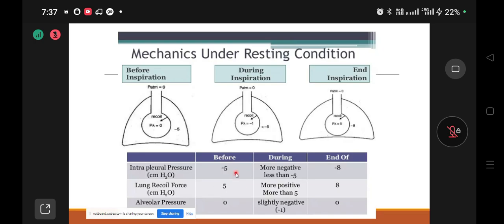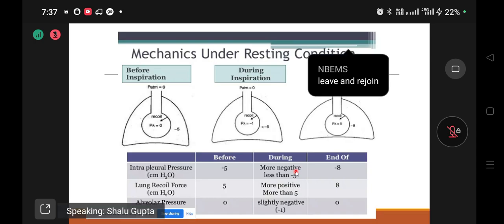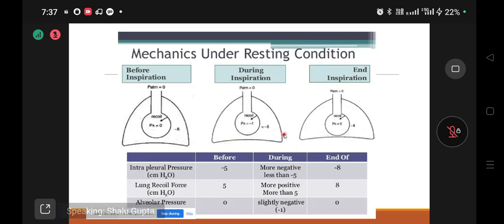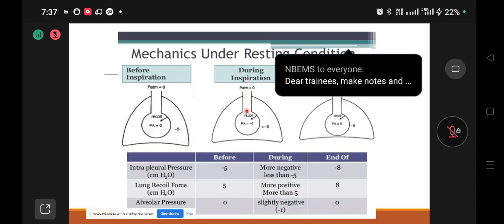But during inspiration, the intrapleural pressure becomes more and more negative because of our muscles which are acting, and also the diaphragm, as you know, the diaphragm becomes flattened, and the intercostal muscles start contracting during inspiration. The intrapleural pressures become more negative. So there is always a slightly negative alveolar pressure, because of which the air rushes in.